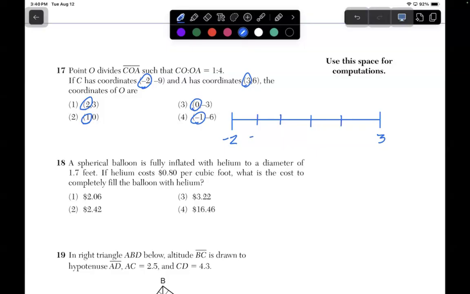So this would be -1, this would be 0, this would be 1, this would be 2. And so I want 1 on the left and 4 on the right. So I want one space on the left and 4 on the right. 1, 2, 3, 4. There is my answer.